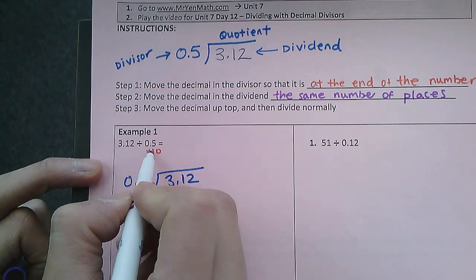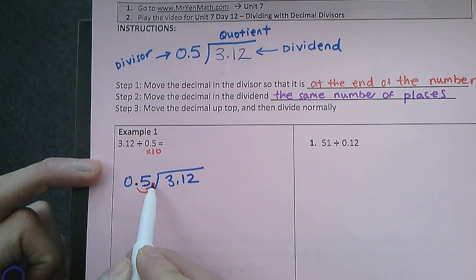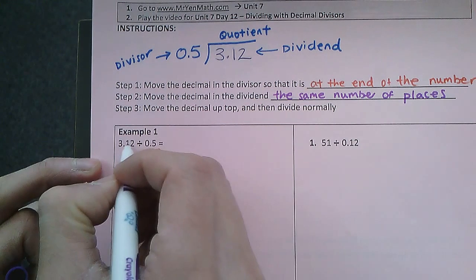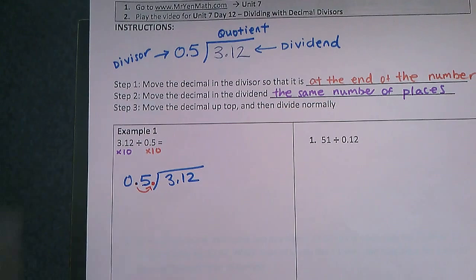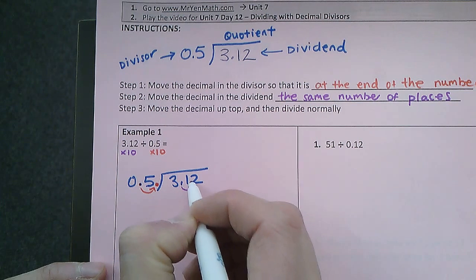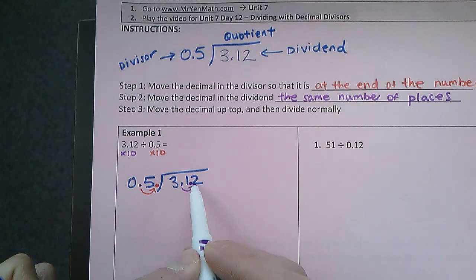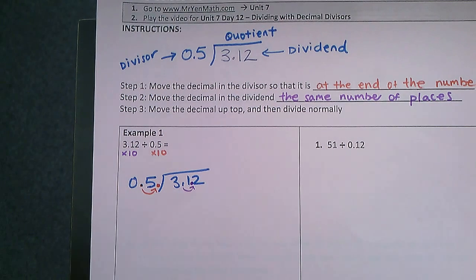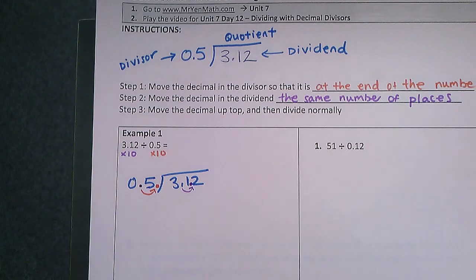Since we multiplied 0.5 times 10 when we moved this one decimal place, we also have to multiply 3.12 in our dividend times 10 so that it stays equal. That's like moving this decimal one place also to the right. So this decimal moves here so that the number is now 31.2 instead of 3.12. So we move the decimal one place here, and then one place here.